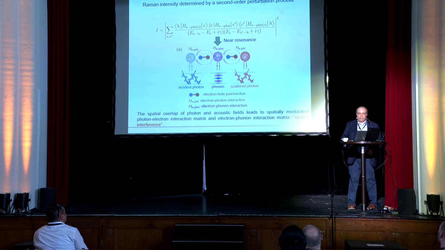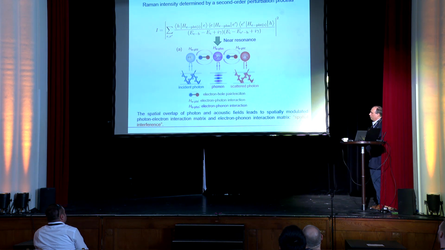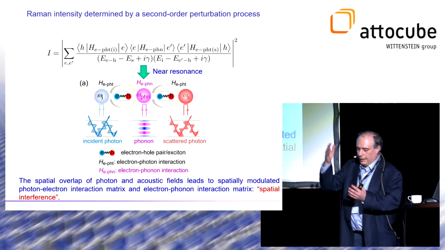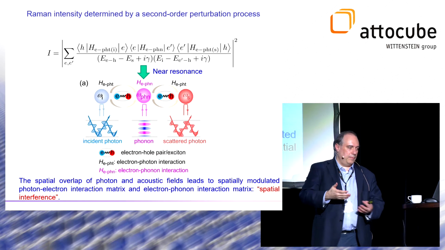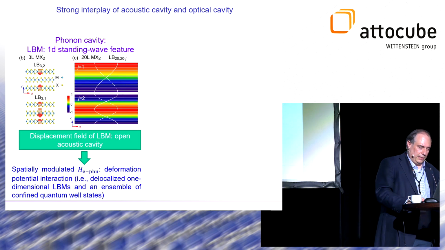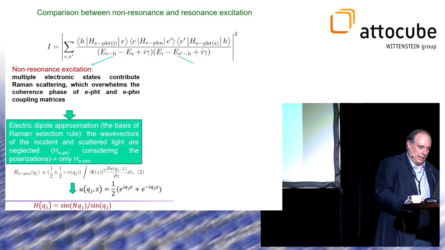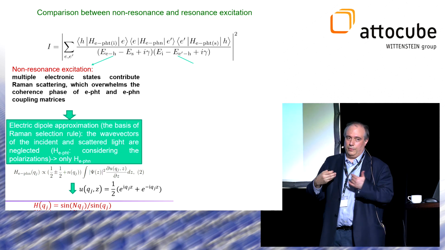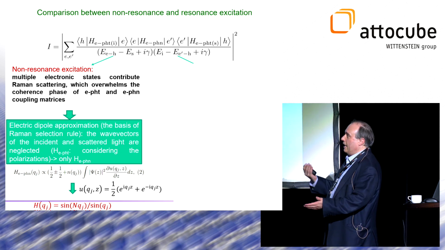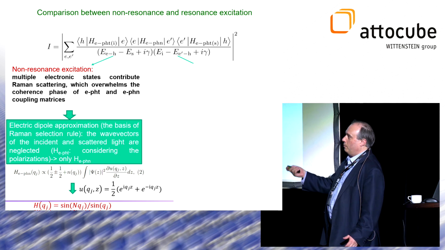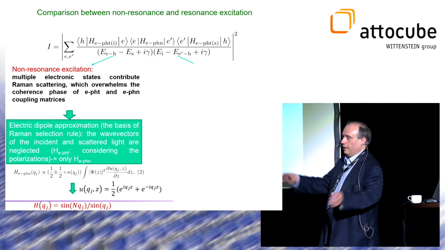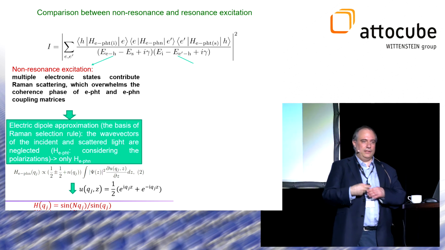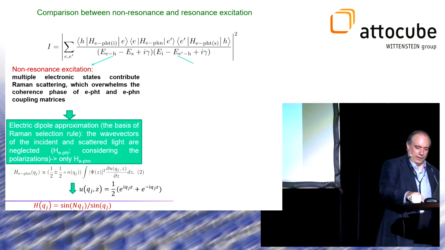Then there is the boring part, which is the theory, but it all boils down to the fact that there is, yet again, an optical cavity forming, and maybe I have a simpler slide later on. So if we are not in resonance with an exciton, everything that should happen, the dipole approximation works, the sort of 101 Raman theory, no problem.